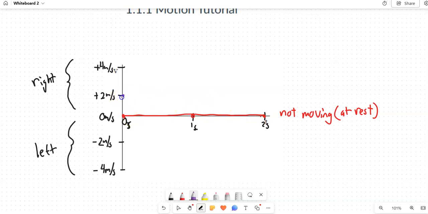So at 0 seconds, the object is moving at a constant velocity of positive 2 meters per second. 1 second later, it's moving to the right at 2 meters per second. And at the second second it's still moving to the right at 2 meters per second. So it's got a positive 2 meters per second velocity the entire time. So this is what I would call slow velocity to the right.